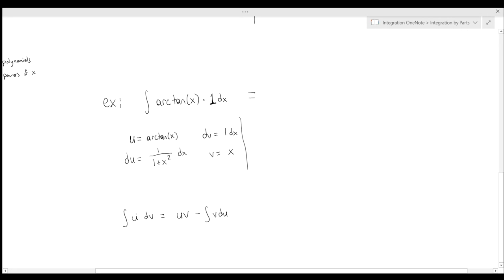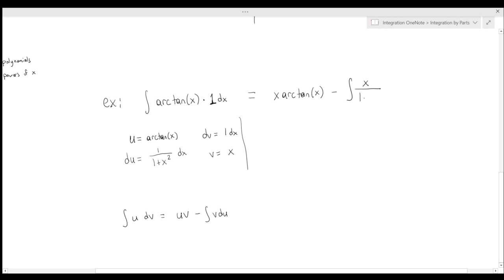So now let's apply the integration by parts formula. So we have the integral of u dv. So we can write that as being equal to u times v, and then minus the integral of v times du.